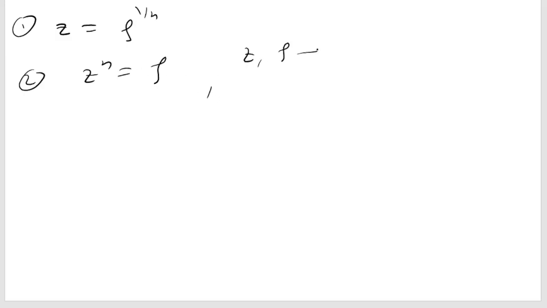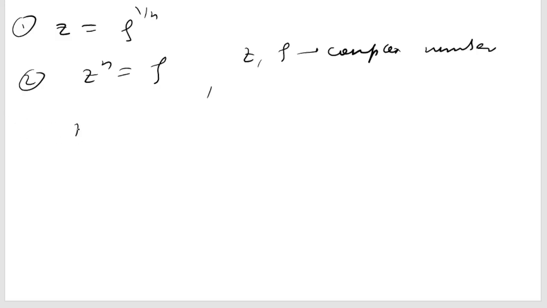So let's say z is unknown, and that is rho to the power 1 by n. We convert it into z to the power n equal to rho. See, z and rho are both complex numbers. So we convert them into Euler form.